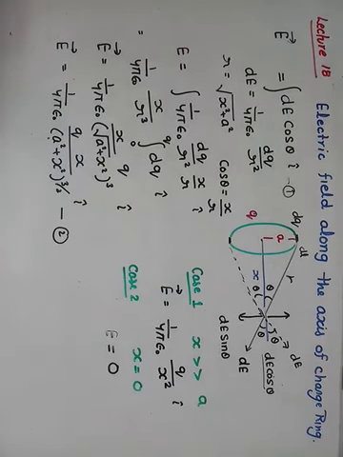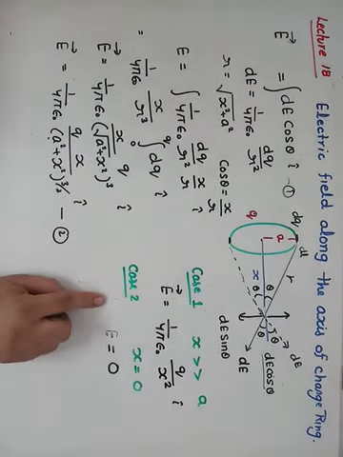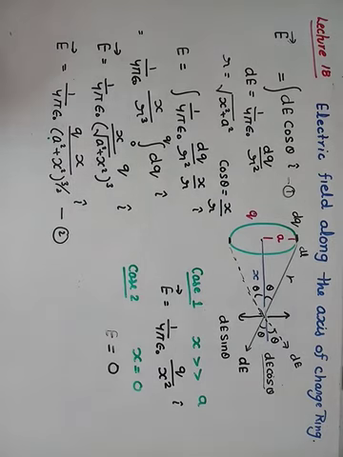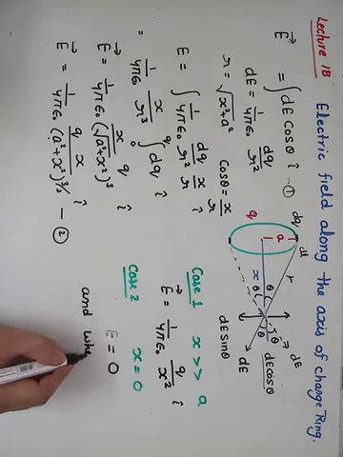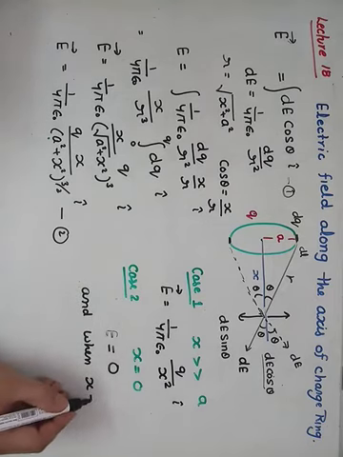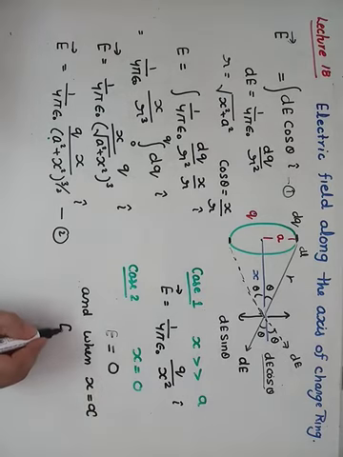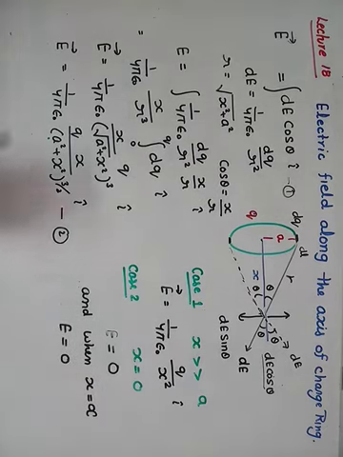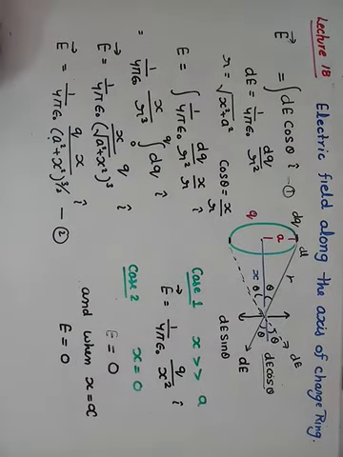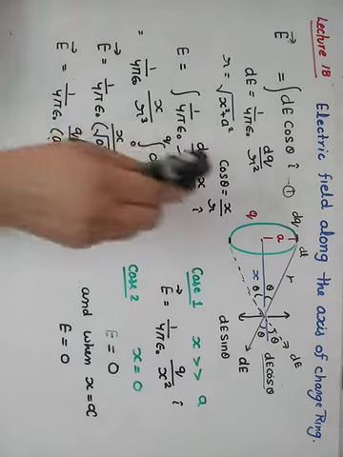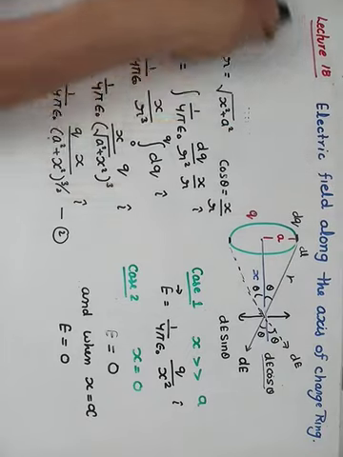That means the electric field at the center is 0, and when x is equal to infinity, then also the electric field is 0. That means the electric field is 0 at the center and at infinity. Therefore, it will be maximum at a certain point. We will find out the point where the electric field is maximum. I will discuss this method.